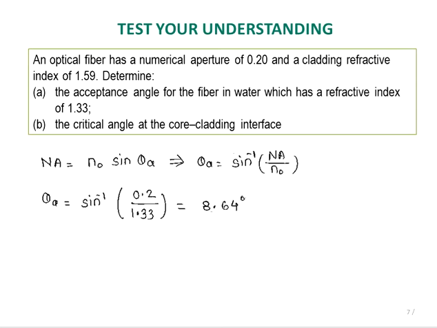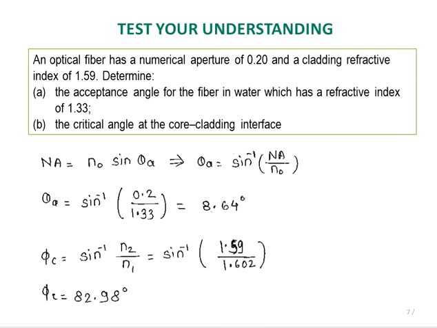Now to find the critical angle, we have found the value of n1. So sine inverse of n2 by n1 will give the value of critical angle phi c, that is 82.98.